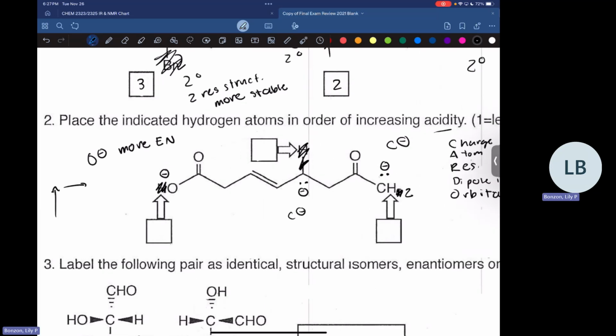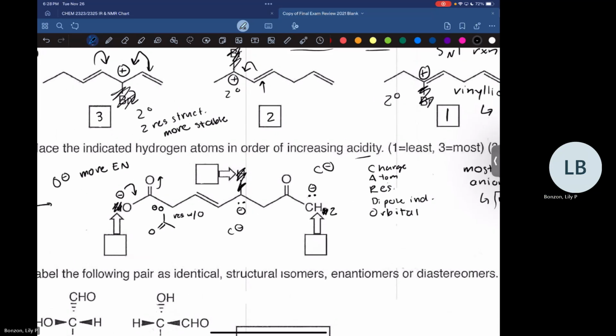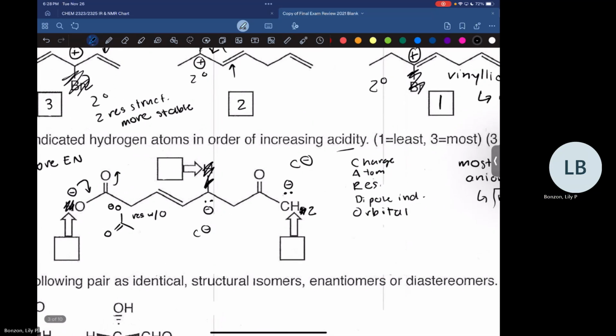And then in addition to the oxygen being our negative charge over here, we can also resonate this negative charge with this adjacent carbonyl. And we can form a resonance structure that also has the minus charge on oxygen. The group in the middle, we have a carbanion, and it's next to a double bond.